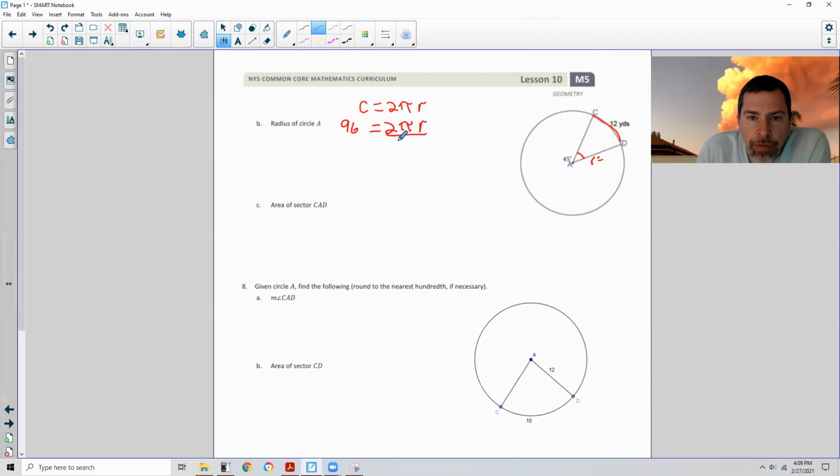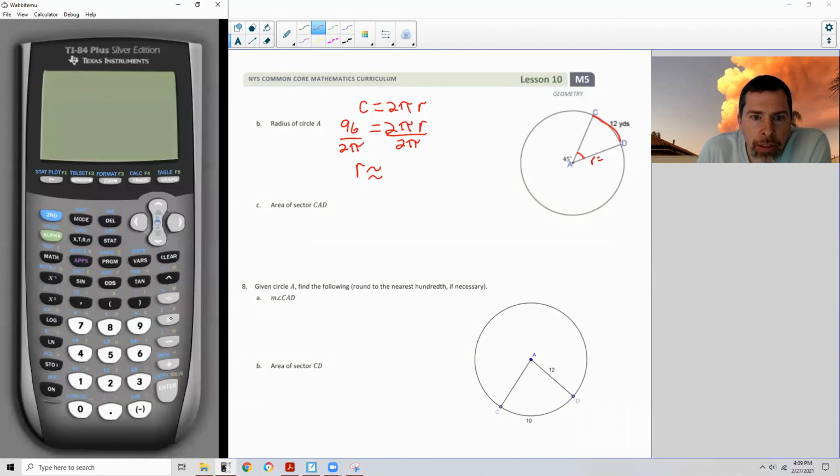To find my radius, I just divide both sides by 2 pi. How cool is that? So my radius is going to equal 96 divided by 2 pi. It's an approximation, I keep forgetting that. So r is approximately 96 divided by 2 pi.